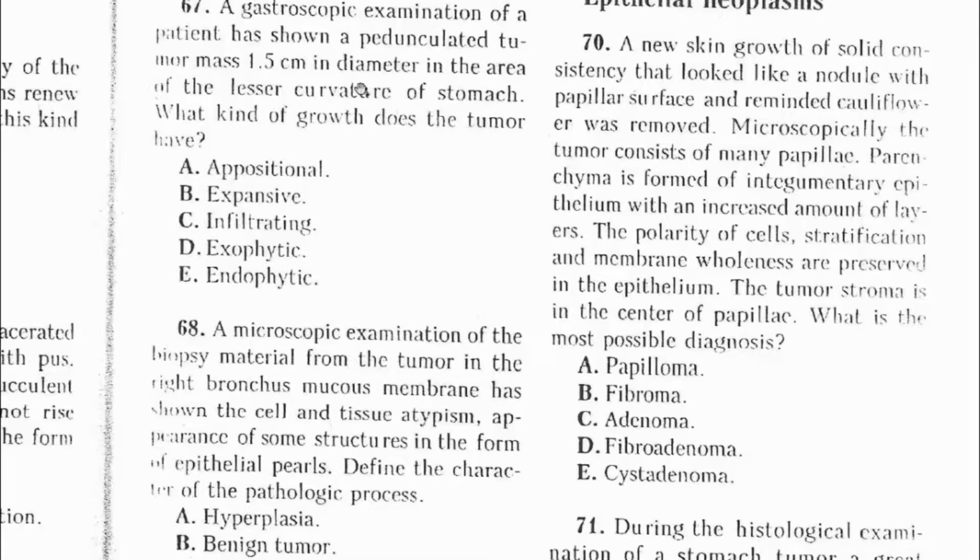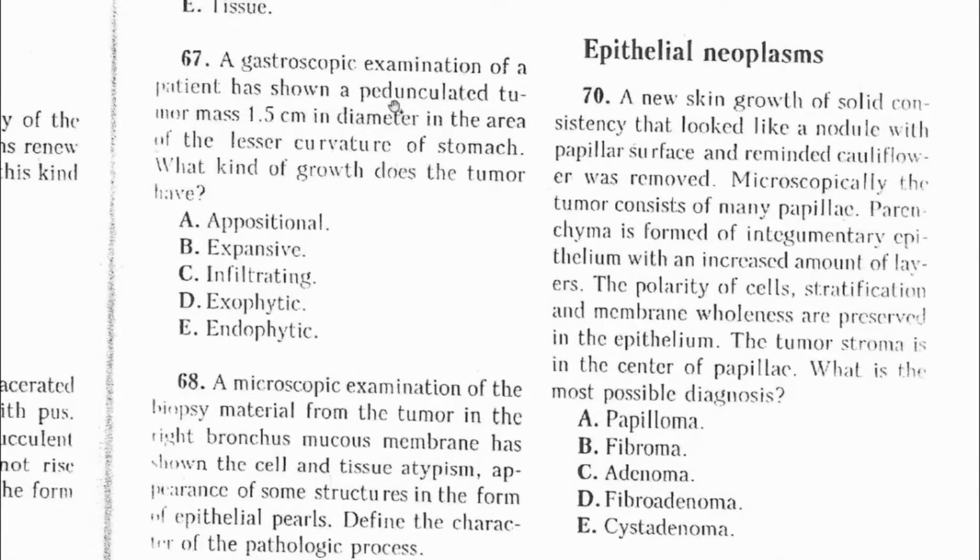With our description over here, they said a pedunculated tumor in the lesser curvature of the stomach. So that means we are talking about what? Exophytic. An expansive growth of a tumor to the cavity of the organ. Don't forget, expansive means what? A tissue which is growing away from the surrounding tissue. So this is definitely exophytic. So your answer is D.